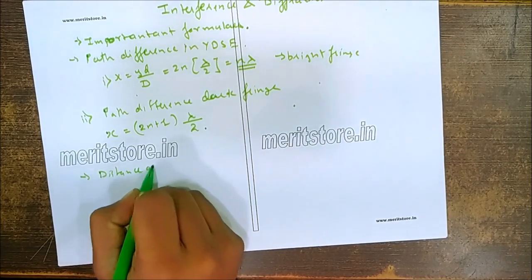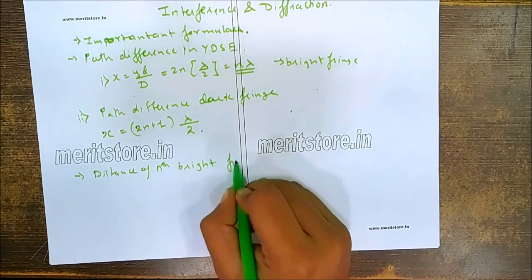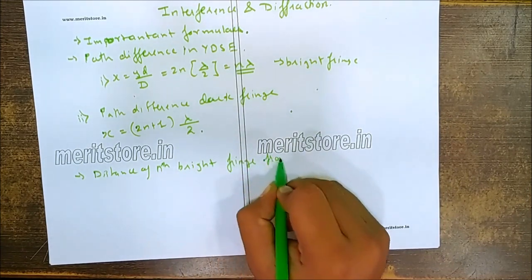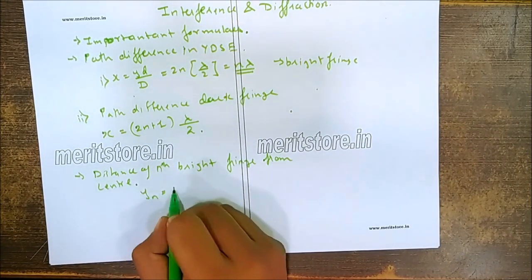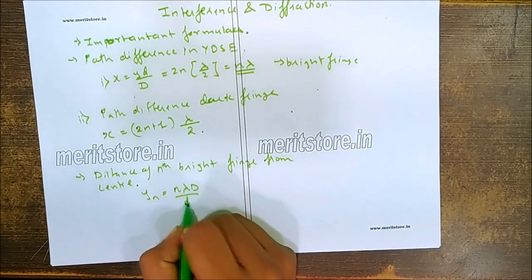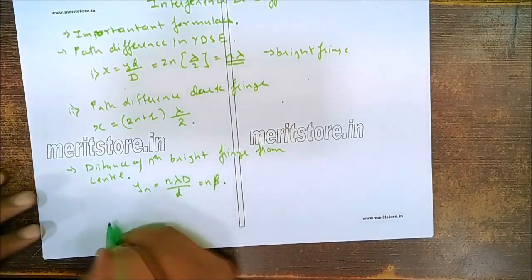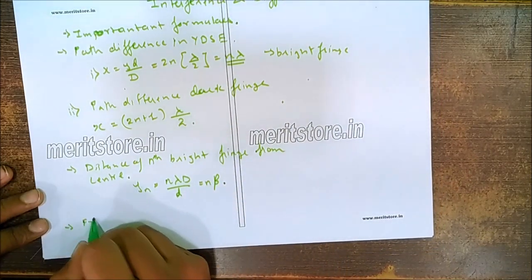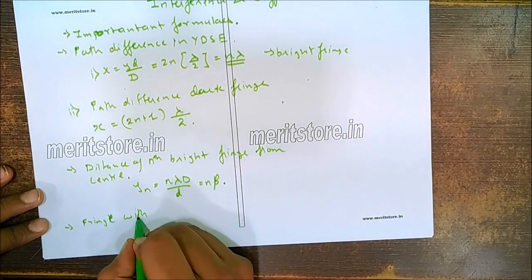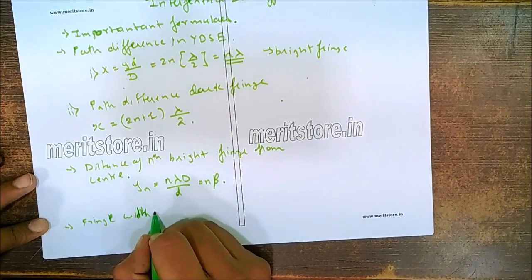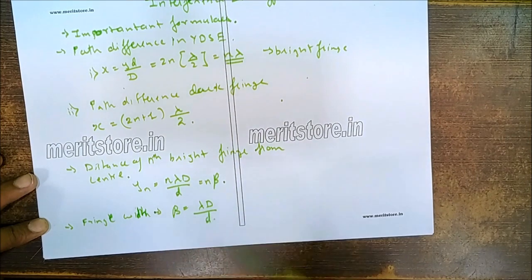Distance of nth bright fringe from center. This is given as yn is equal to n lambda D upon d, which is equal to n beta. Next is fringe width. Fringe width is given as beta is equal to lambda D upon d.